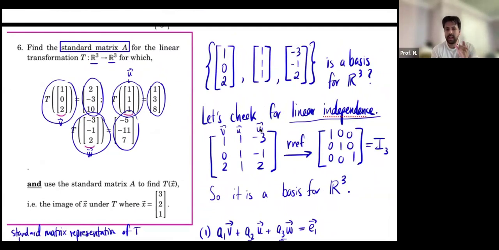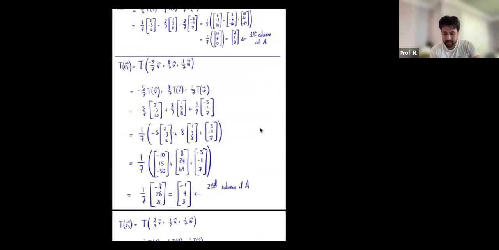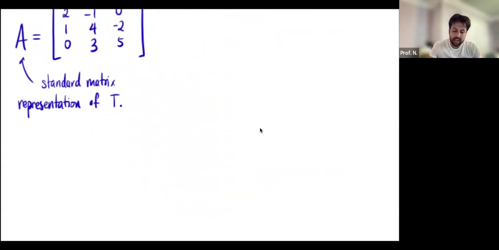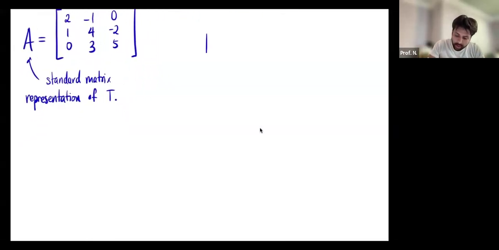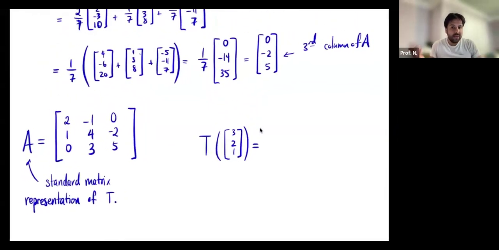And now it says use the standard matrix A to find T of x, the image of x under T, where x is 3, 2, 1. So this whole thing is part A. Now I want to find what is T of 3, 2, 1, right? But now we did all the hard work. All the information is embedded in this.